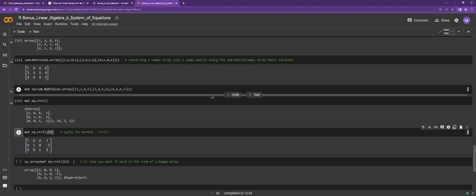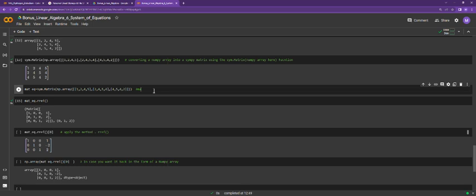So how does the function work? We have a matrix, mat_eq is our name, which is a SymPy formatted matrix, and we are going to use the reduced row echelon form function.